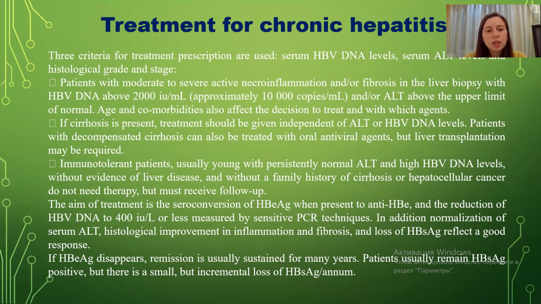In addition, normalization of serum ALT, histological improvement in inflammation and fibrosis, and loss of HBs antigen reflect a good response. If HBs antigen disappears, remission is usually sustained for many years. Patients usually remain HBs antigen positive, but there is a small but incremental loss of HBs antigen per annum.